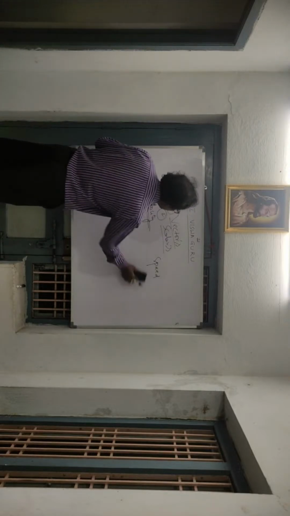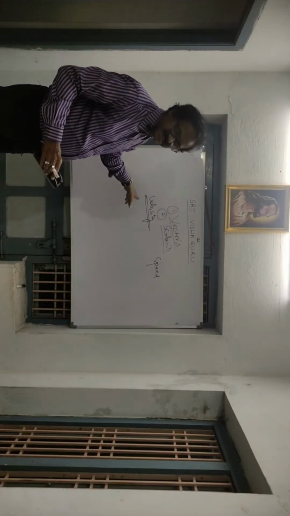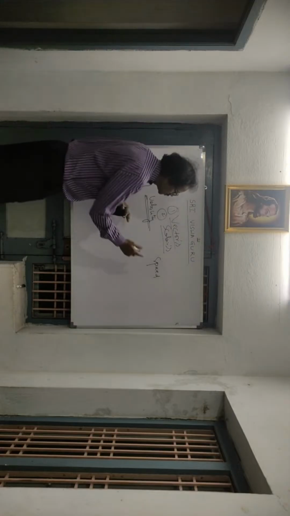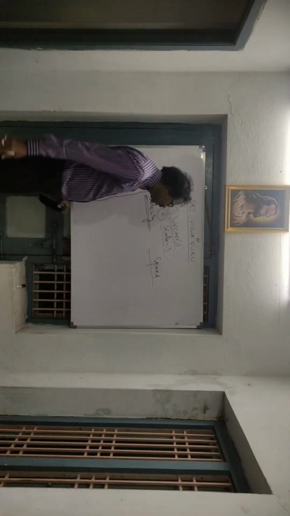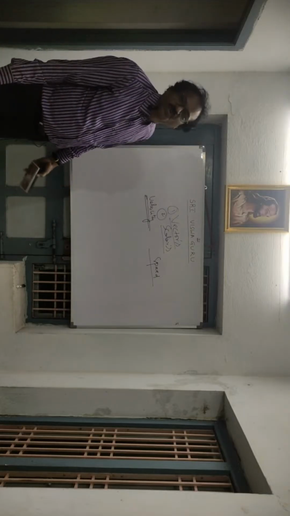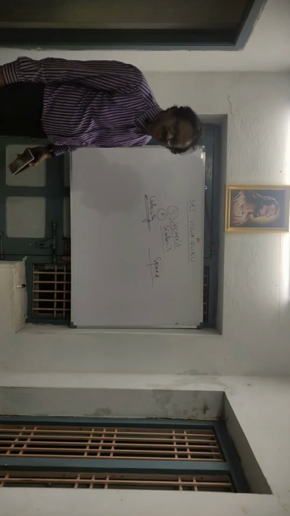Here we were discussing velocity. I already gave that definition of velocity, and now we go for speed. All of you know about speed from the lower classes. What is speed?